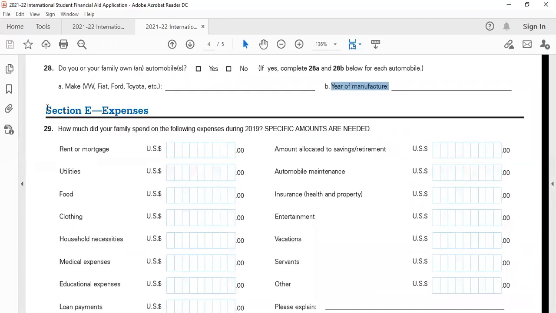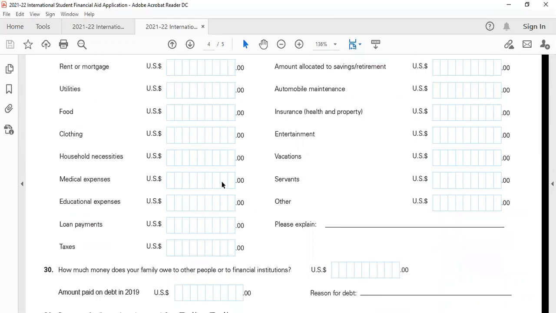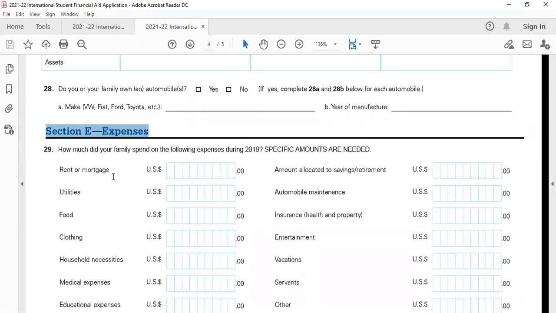Now, section E talks about the expenses. This talks about the expenses at a greater length.